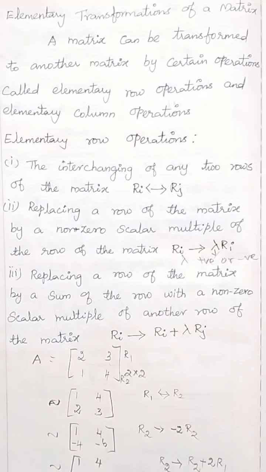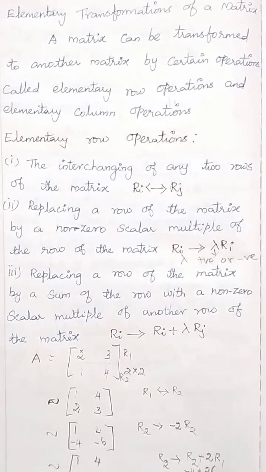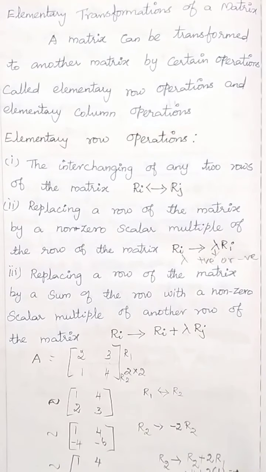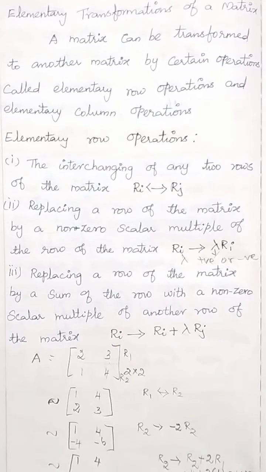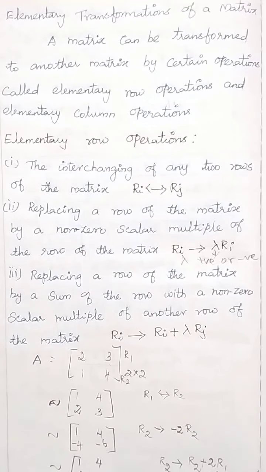So R2, here our R2 value is minus 4 plus 2 into, here our R1 value is 1, right? So minus 4 plus 2 into 1, that value is equal to minus 4 plus 2, that is equal to minus 2, right? So minus 2. Then the next value is minus 6.